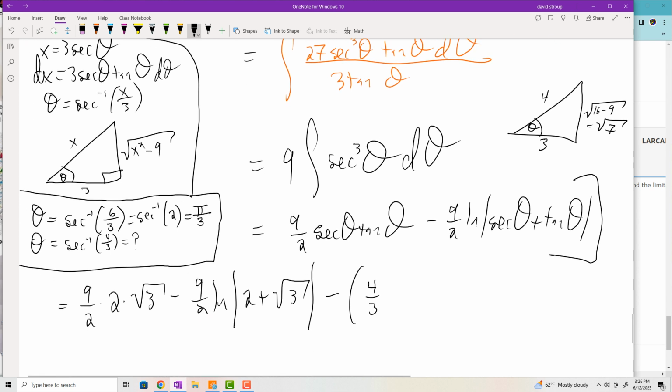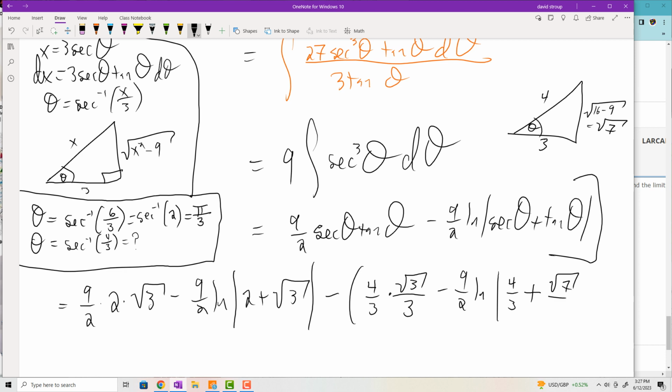So tan of secant inverse of 4/3, you use the triangle, so that's going to be opposite, square root 7, all over adjacent, 3. And then minus 9 halves ln of the same business, right? So again, secant will be 4/3, and tan will just be root 7 over 3.